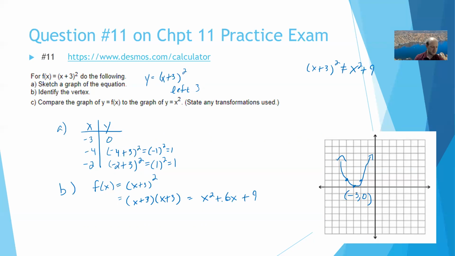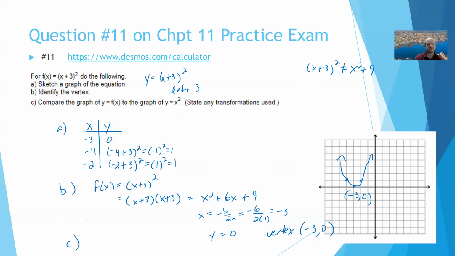And then we would find our vertex by using x equals -b over 2a. So -6 over 2 times 1, which is -3. Oh, look at that, -3. Plug it back in for our y value and we would get 0. So that's where our vertex of (-3, 0) comes from.